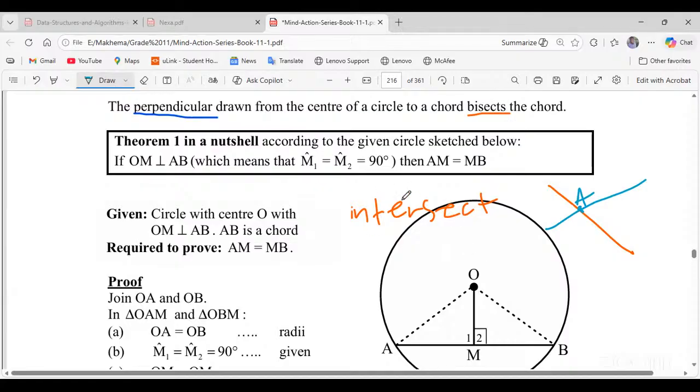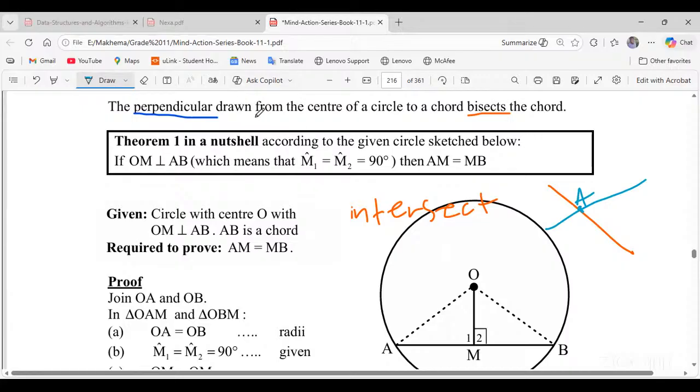If you understand what the word intersect means, you will definitely understand what the term bisect means. Bi means two. Bisect means that you cut something into two equal parts.